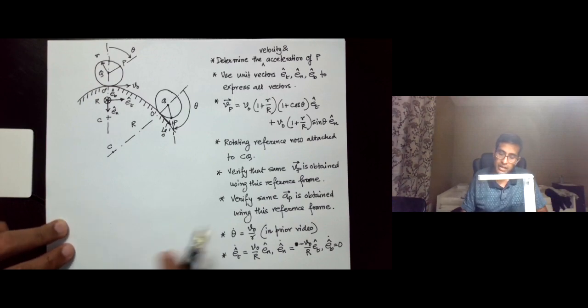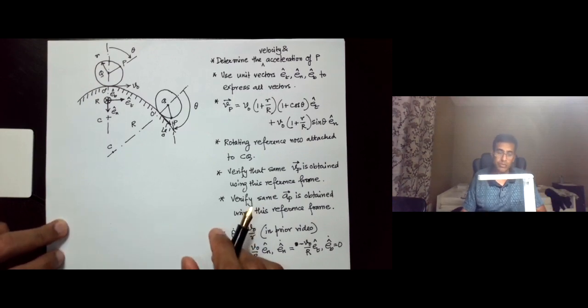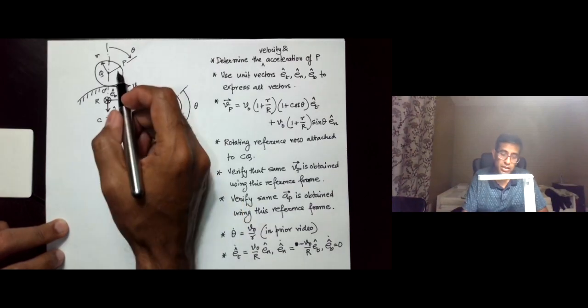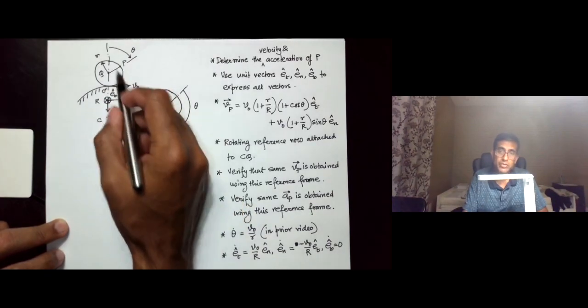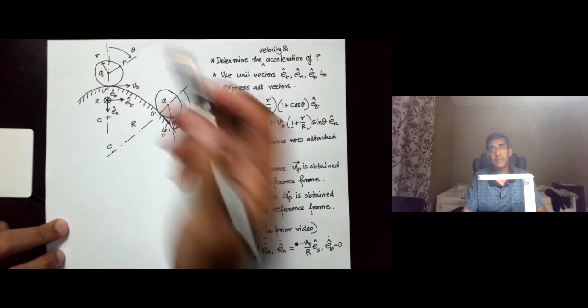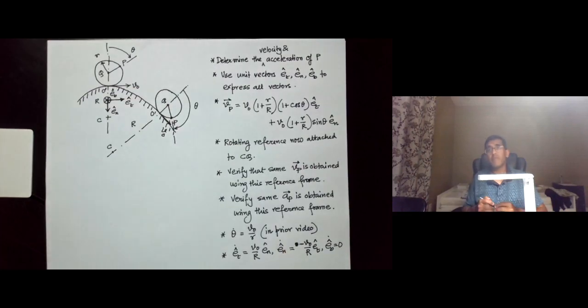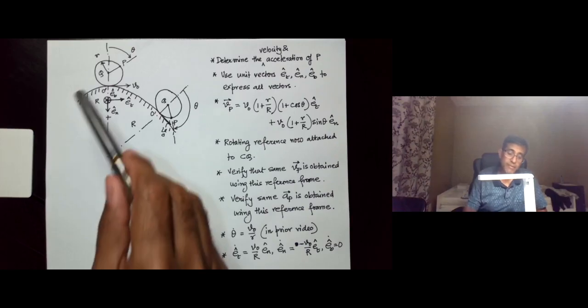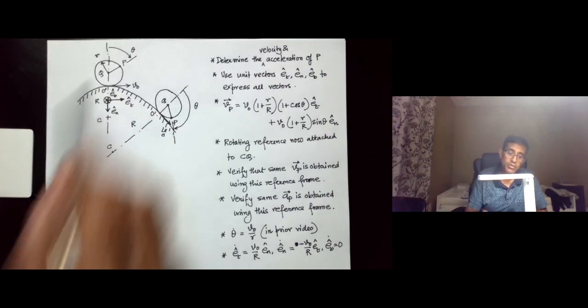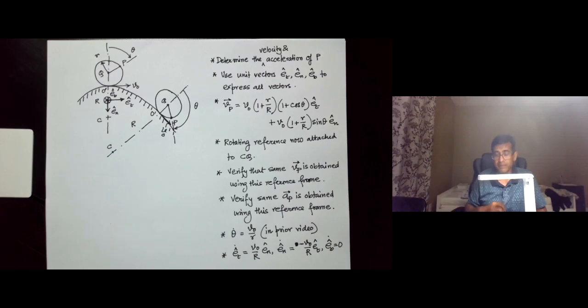Okay, so now let us get to the rotating frame that we are going to use. In our prior rotating frame method, we used the rotating frame of reference to be that which is fixed to the disk. So that means the rotating frame was a body fixed frame that was turning with the disk. And so that frame of reference, its rotational speed was the absolute rotational speed of the disk.